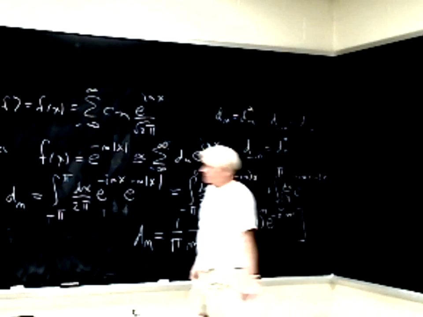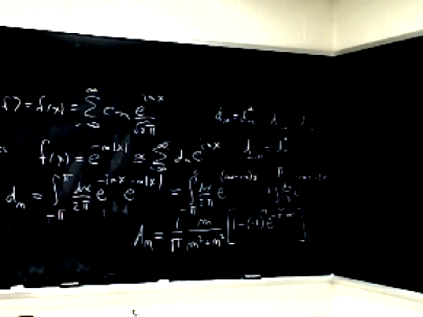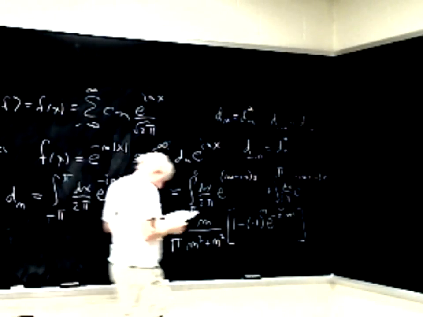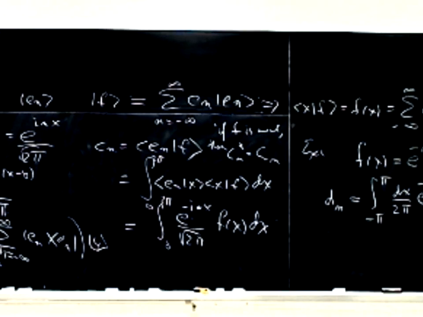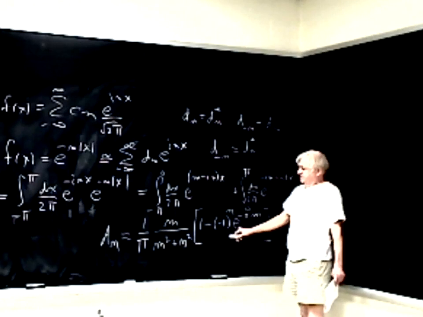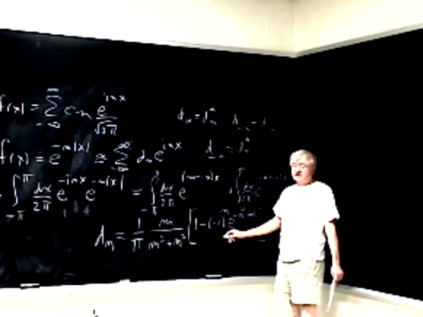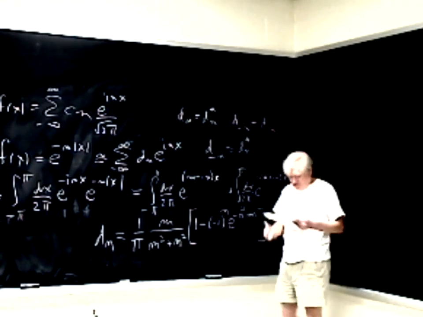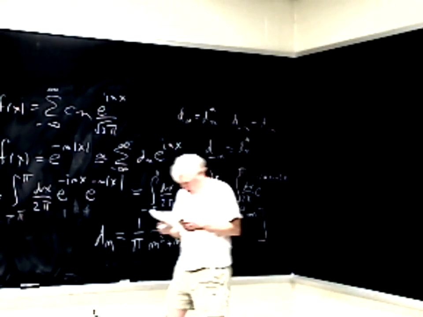That's something that we showed previously, that if f is real, then c n star is c of minus n. Okay, so we verified that at least the coefficients d sub n satisfy the reality condition.